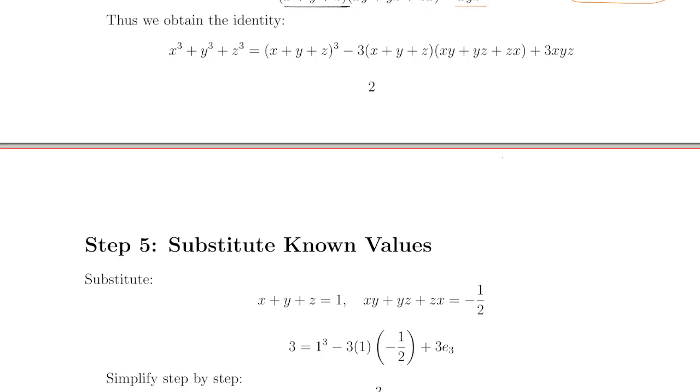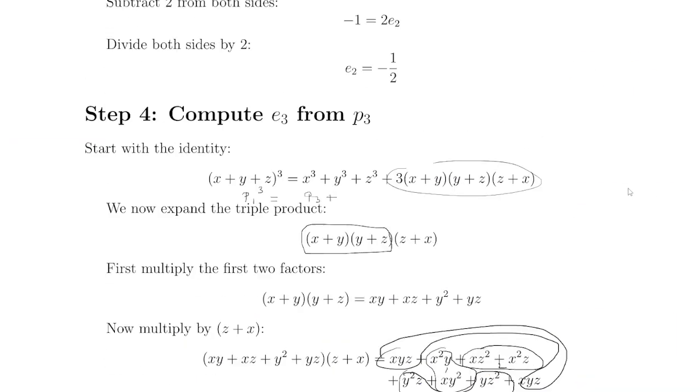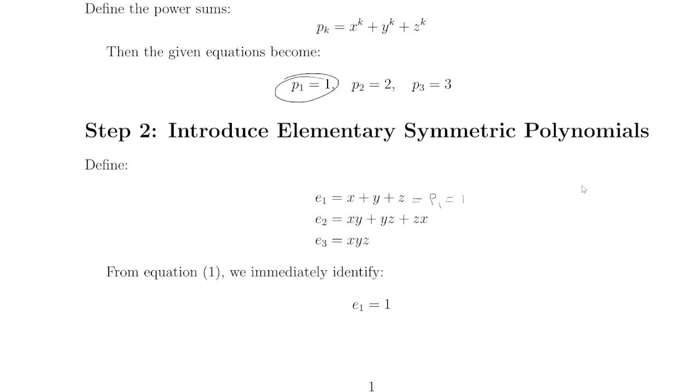Now if we write this out, we have P3 equals P1 cubed minus 3 P1 times xy plus yz plus zx, that's going to be E2, and then plus 3xyz, which is E3.